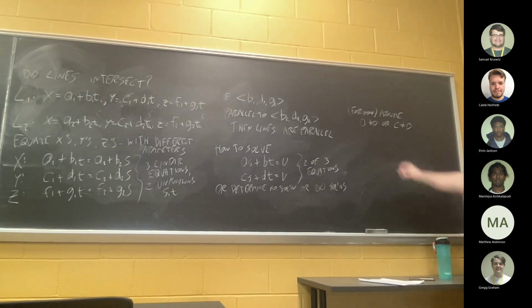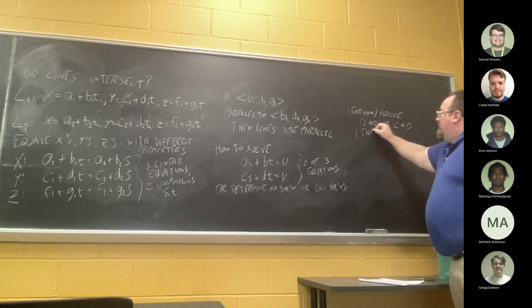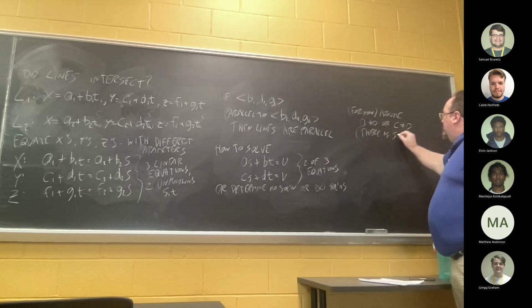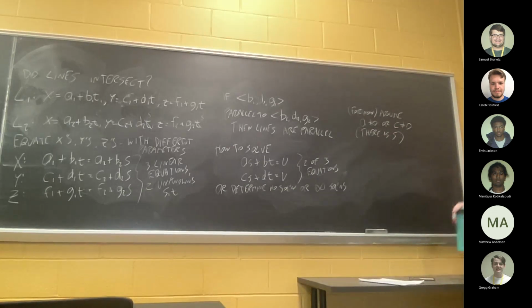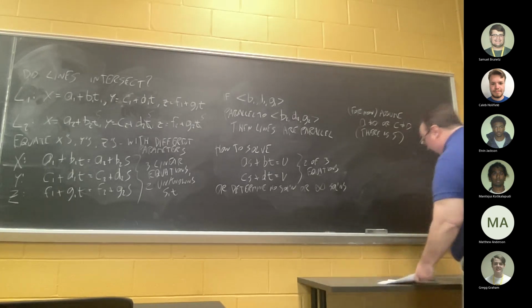In other words, that there's at least an S in the system of equations at all. Because if not, then that makes things simpler in a way. Right now we have a system of equations in two unknowns, so we're going to assume that those unknowns actually are there. Okay.